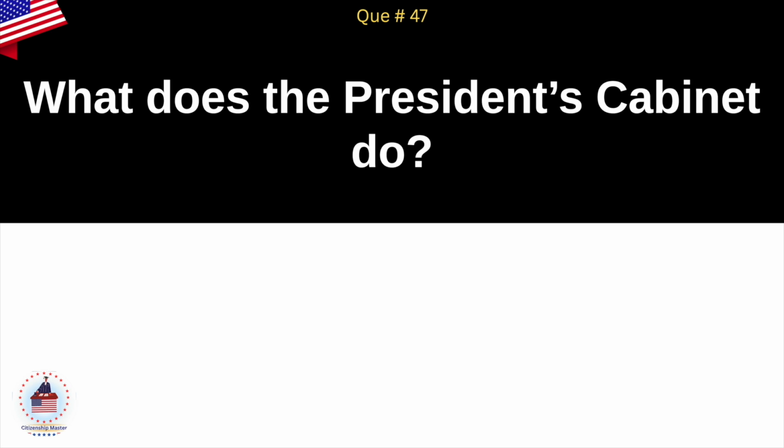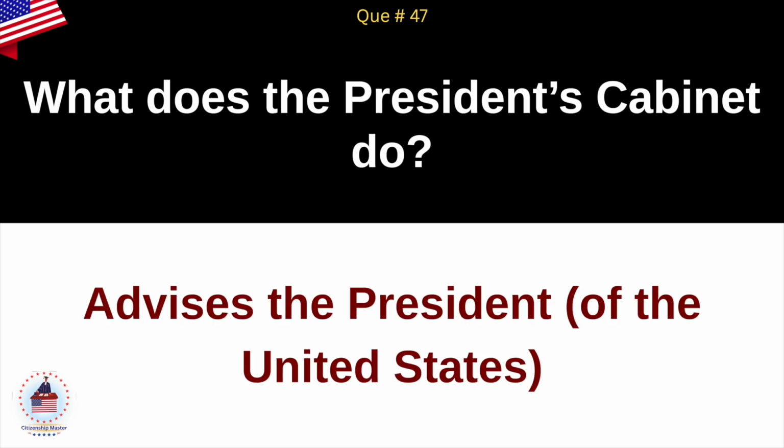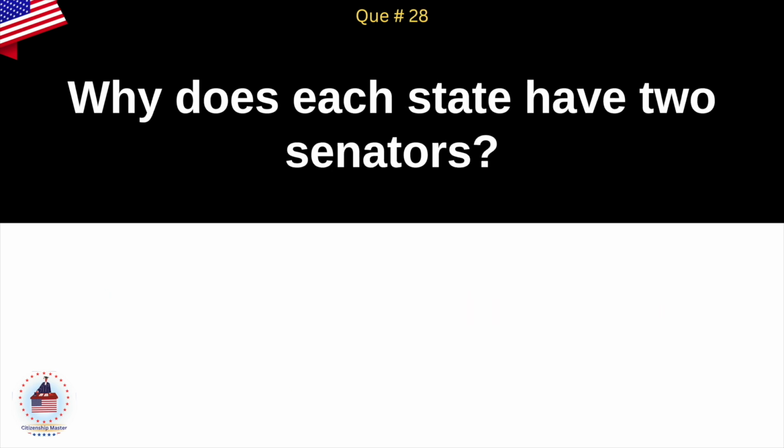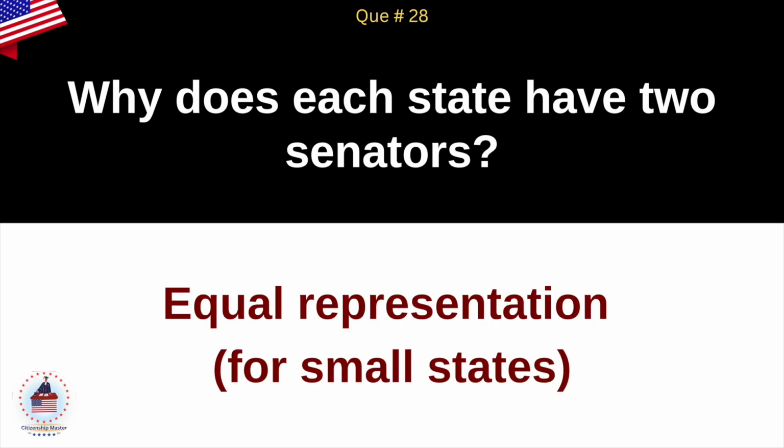What does the President's cabinet do? Advises the President of the United States. Why does each state have 2 senators? Equal representation for small states.